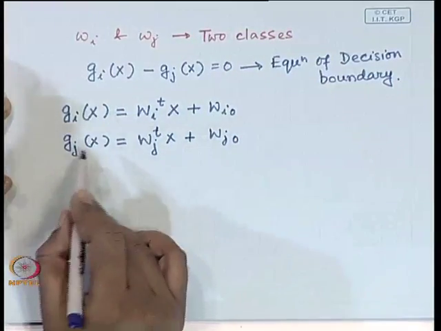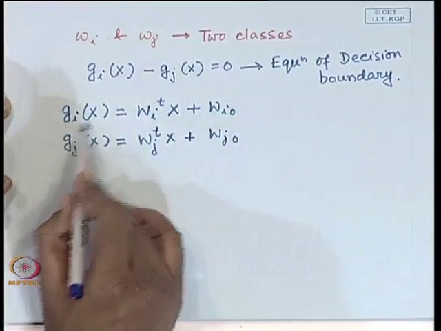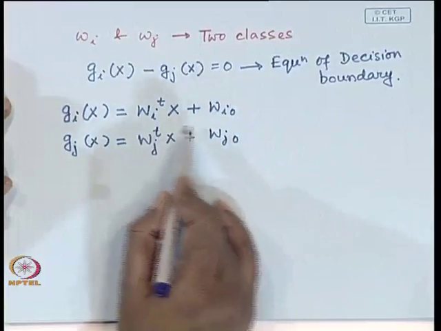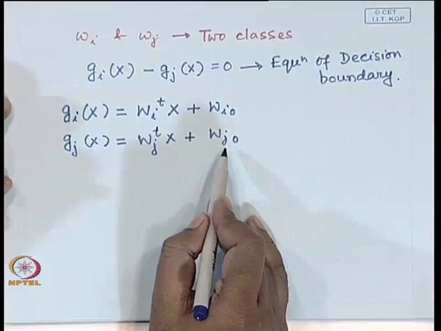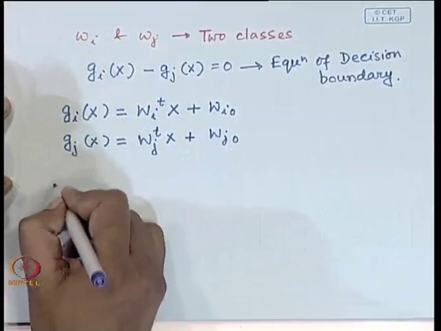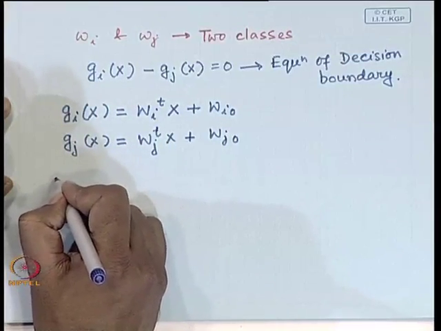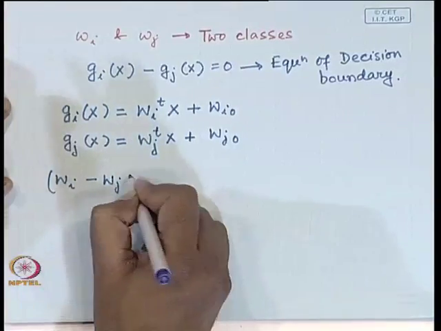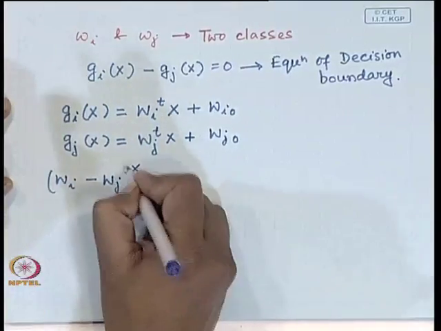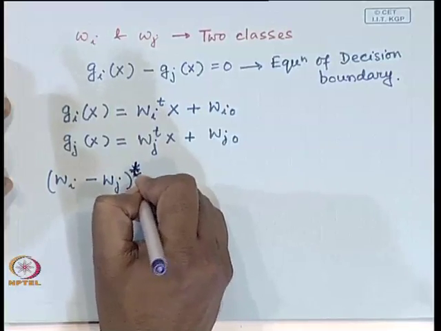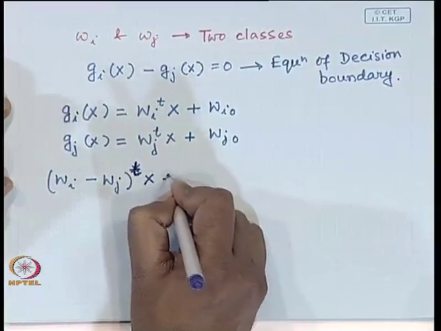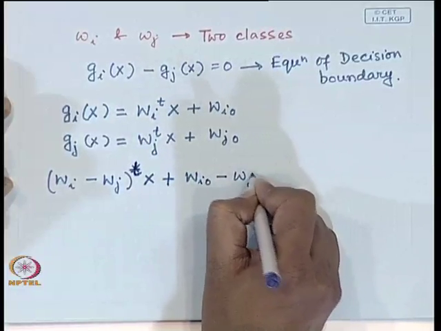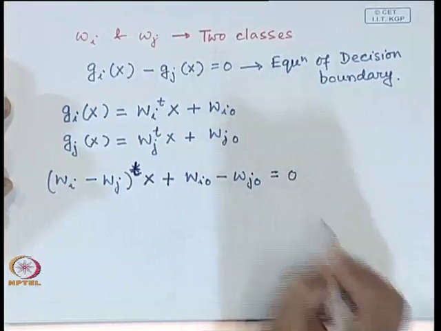So, in this expression, if I replace g_i(x) and g_j(x) by these, I simply get the equation as (W_i minus W_j) transpose x plus W_i0 minus W_j0, equal to 0.